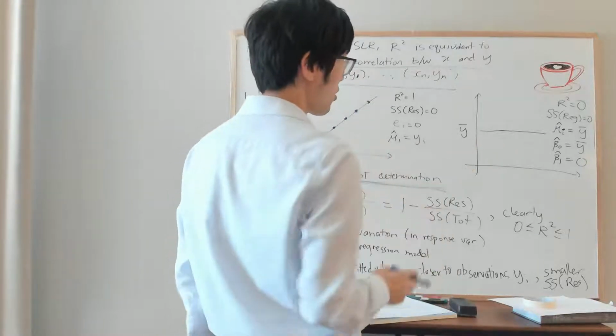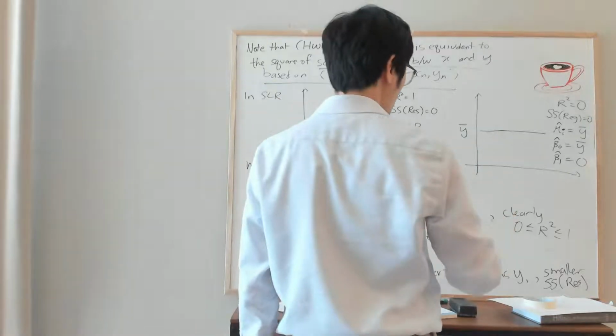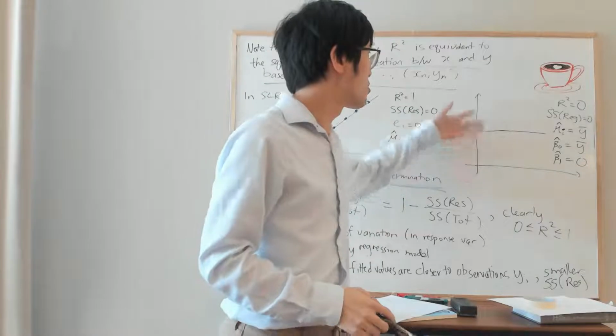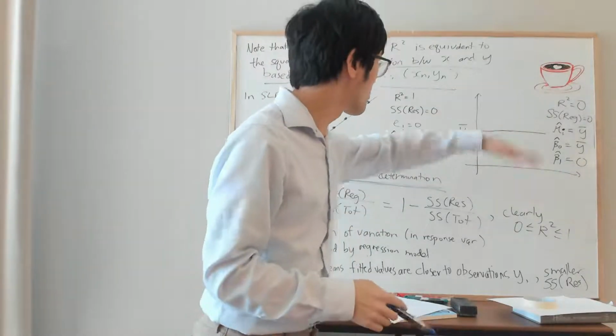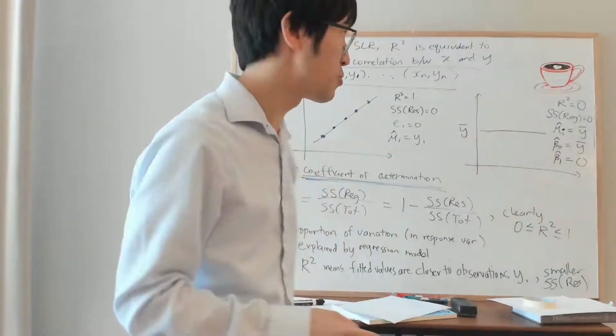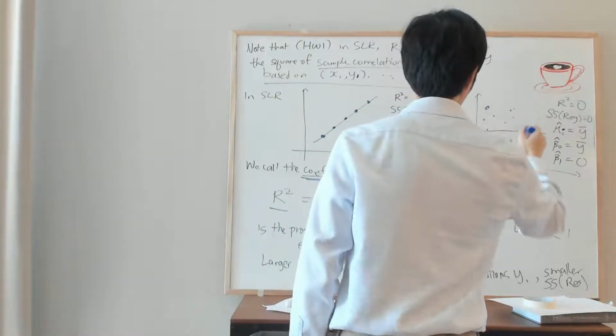So what does that mean about our observations? Let's draw a scatter plot with some example points. Our observations are just a random scatter around this line, so that when you fit the regression line, there is no linear relationship between x and y.